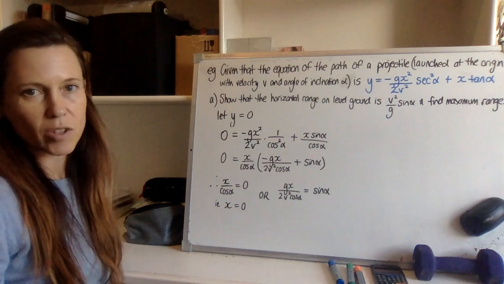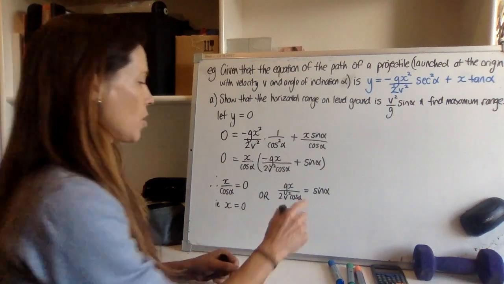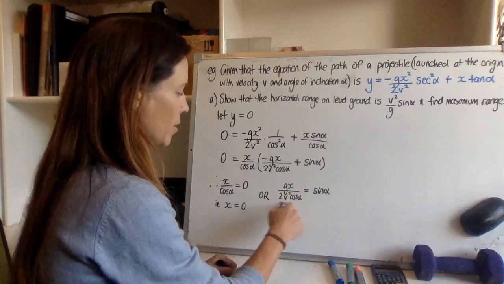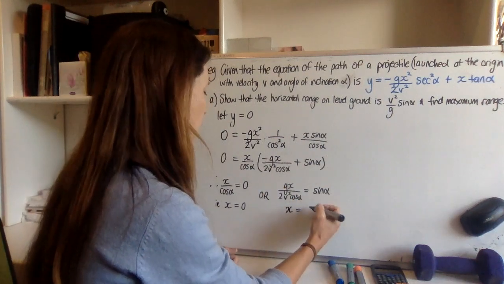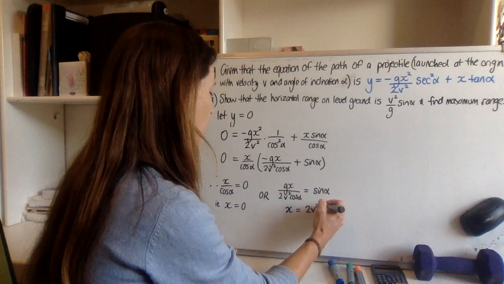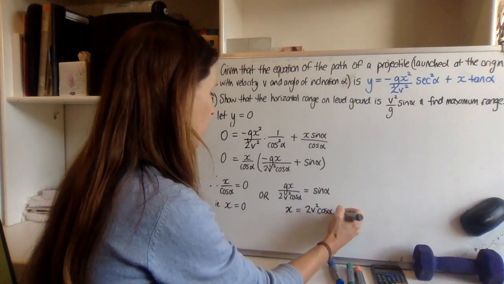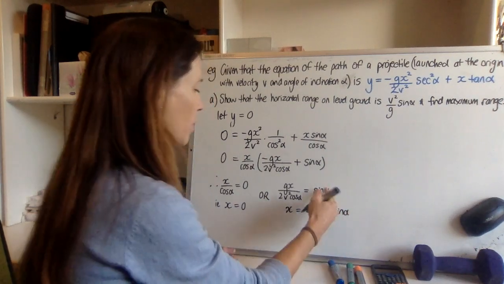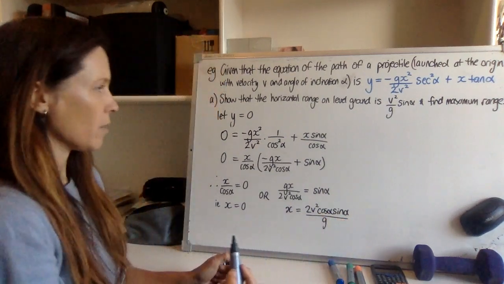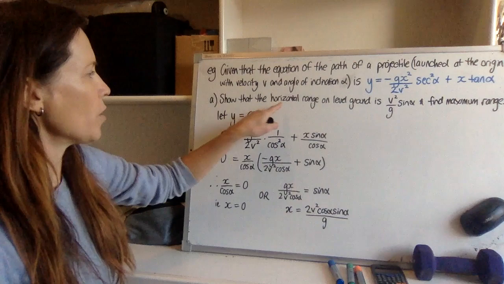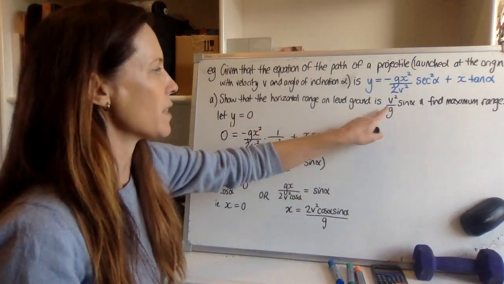Now I'm trying to get it in terms of x equals something, so let's multiply both sides by the denominator here and divide by g. So I'll have 2v squared cos alpha multiplied by what was already there, the sine alpha, over g. Now looking at my question, show that the horizontal range on level ground is this.